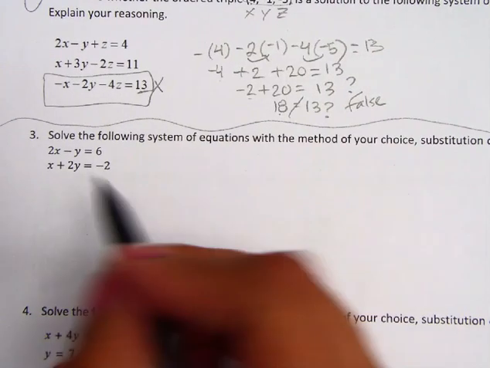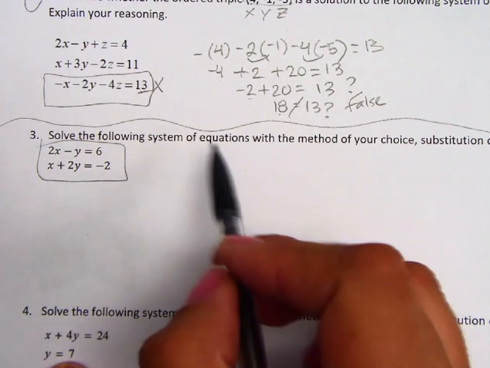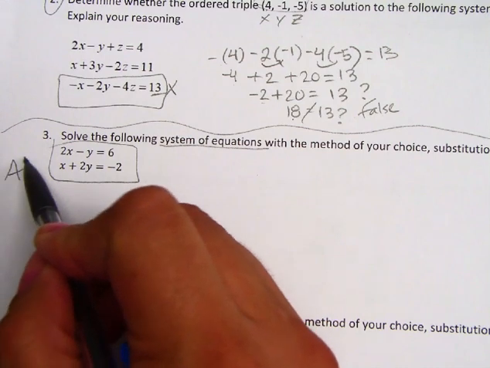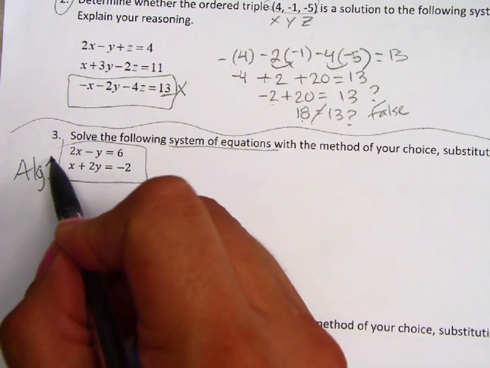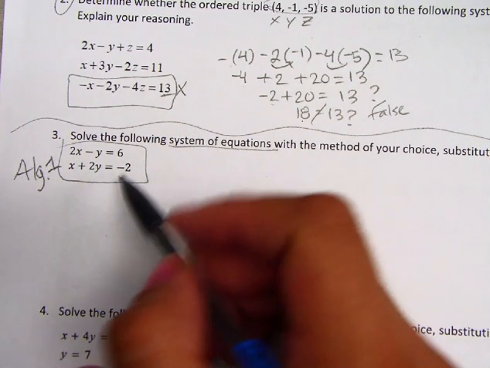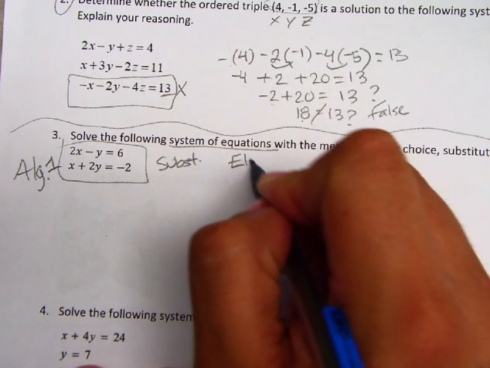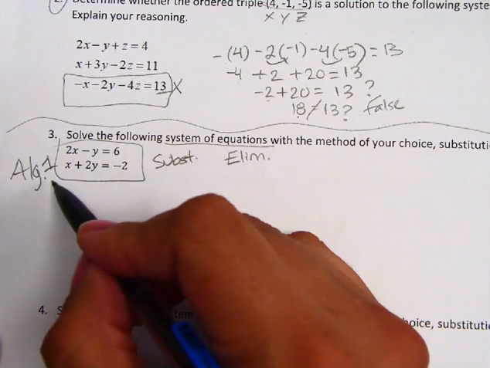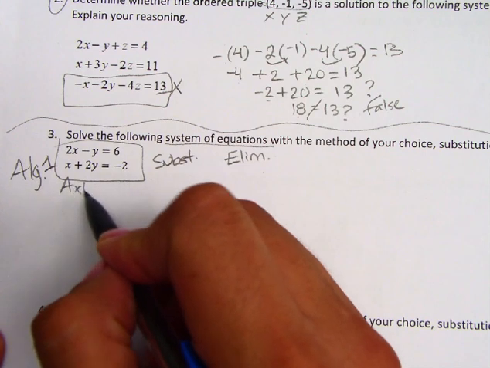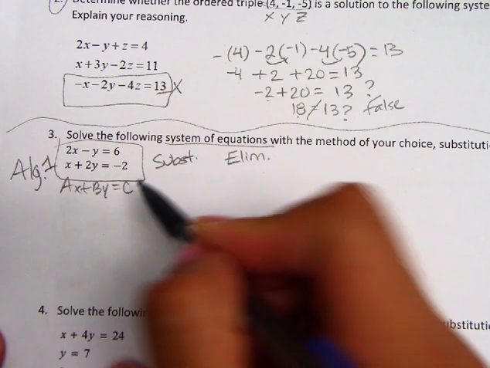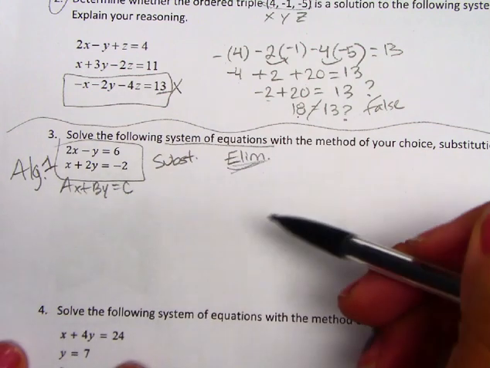The next skill is solving a 2x2 system of equations. So once again, this is an algebra 1 level equation. So you can either approach it through substitution or elimination. When it's in standard form, in the form of ax plus by equals c, elimination is strongly recommended.